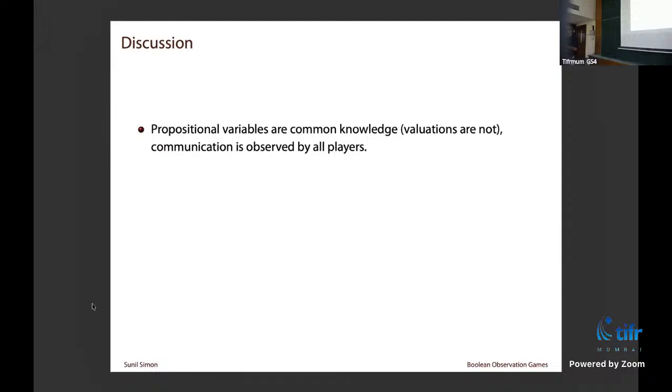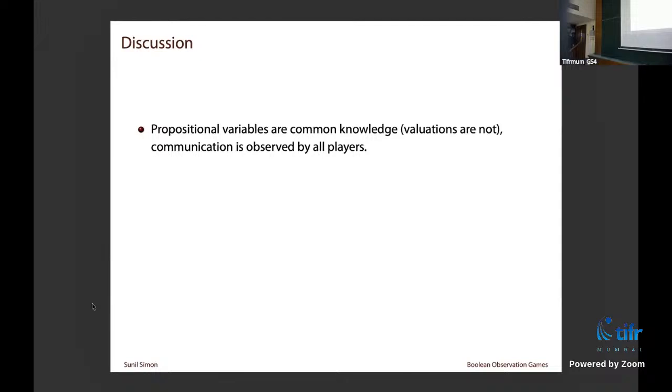Using a logical language, so these are qualitative objectives, and then we define one notion of equilibria. So for the outcome relation, we picked three outcome relations and looked at the associated set of Nash equilibria. We looked at existence of equilibria and also the computational questions, so verification activities.